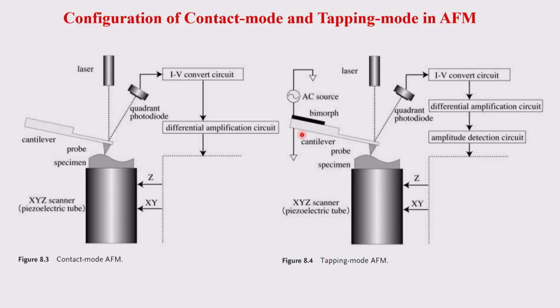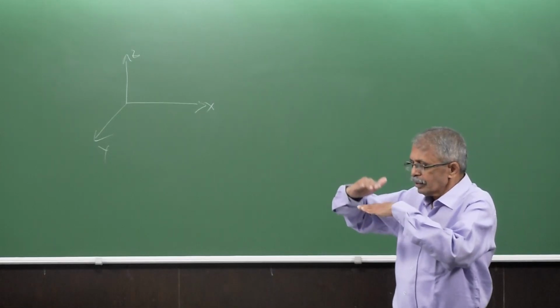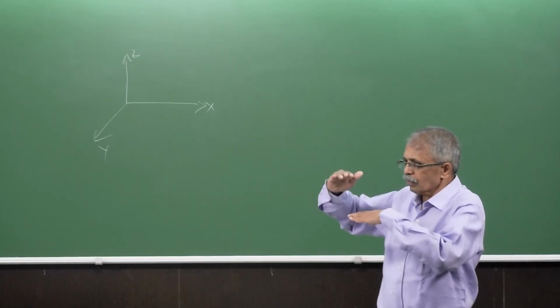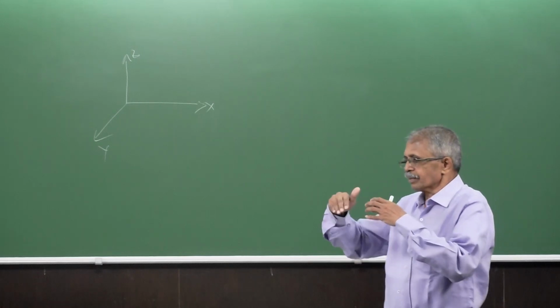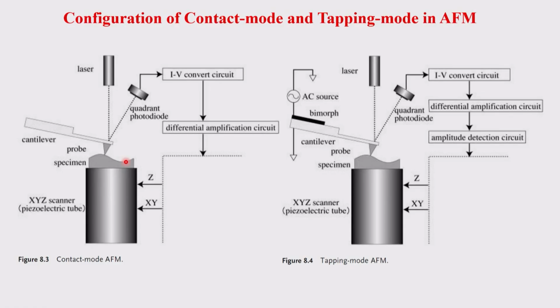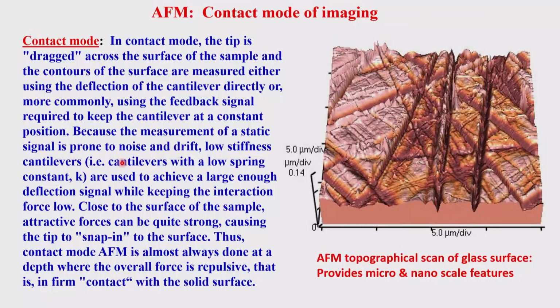So one is referred to as the contact mode, some kind of grazing the surface. The tapping mode is coming closer and going farther. Wherever you have attractions, it comes closer. Whenever there is repulsion or less attraction, it goes farther, and therefore you get the topography. This is what you use, and you can use both.